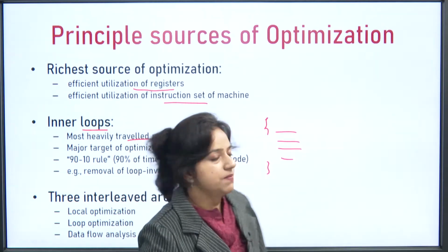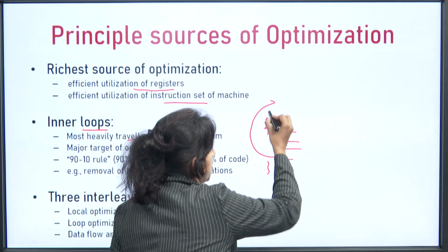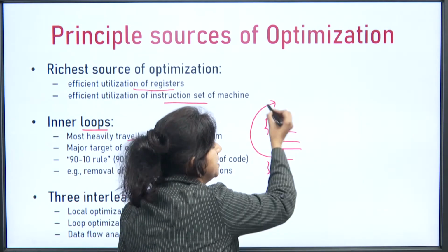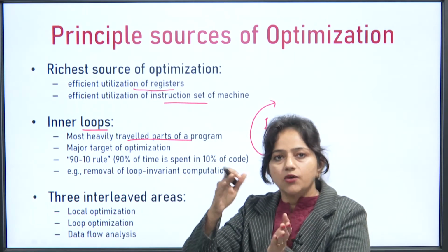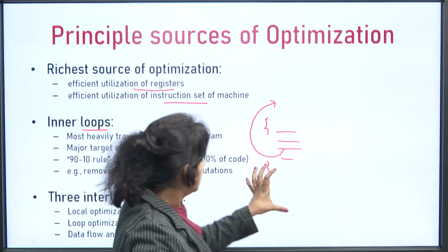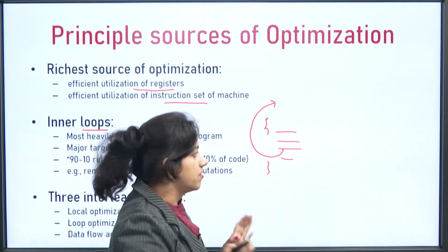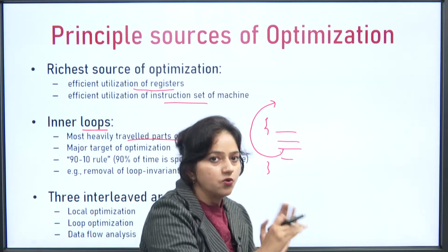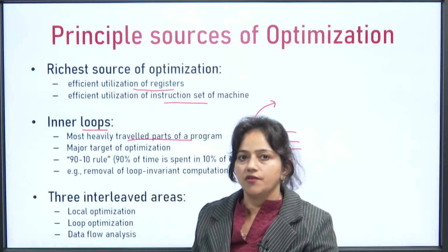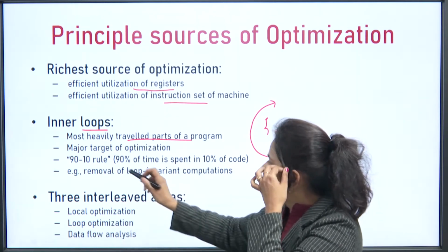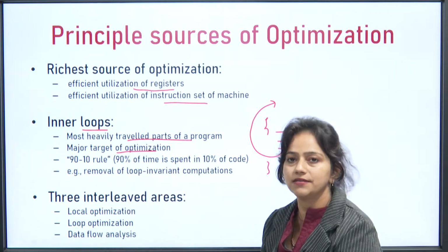It is quite possible that some of the statements, or some of the computation, can be kept outside the loop. We can keep any number of instructions outside the loop, but we will try to reduce the number of instructions inside the loop to reduce the runtime of the program.